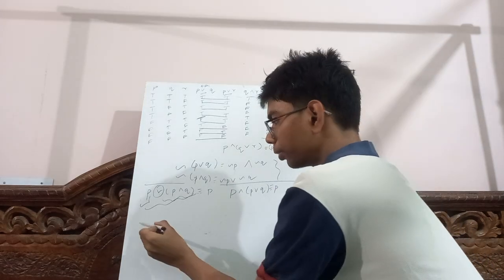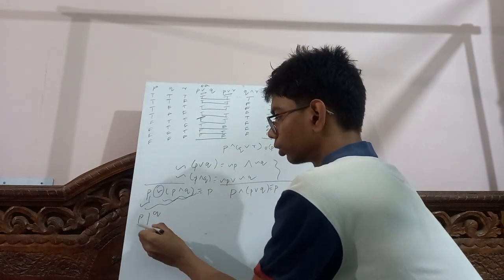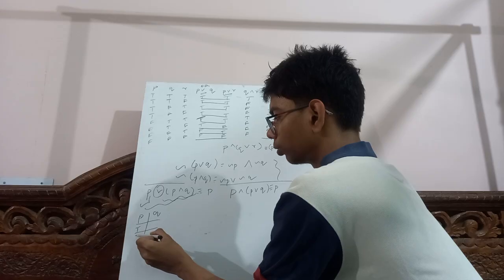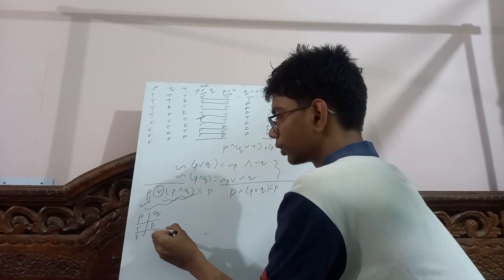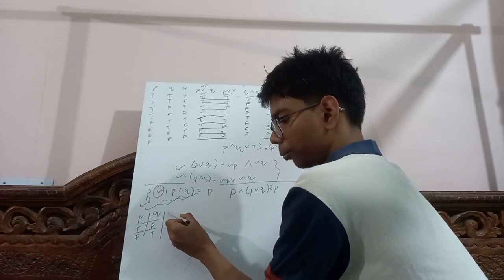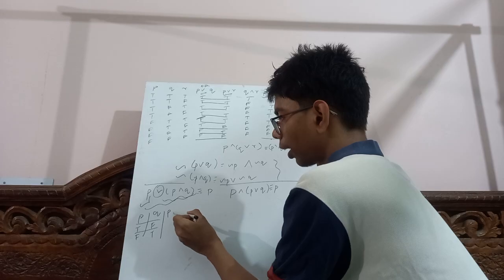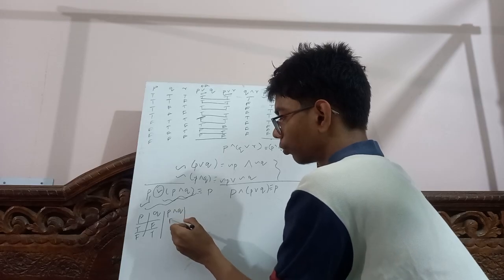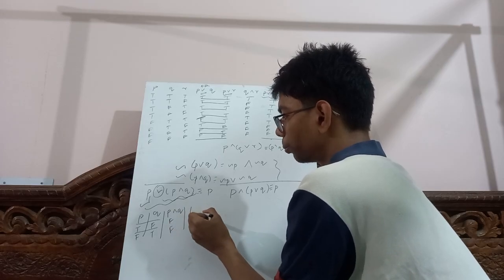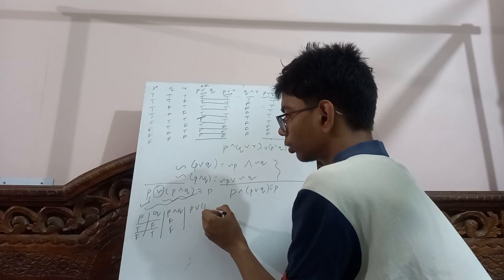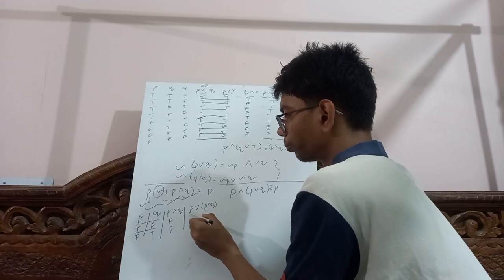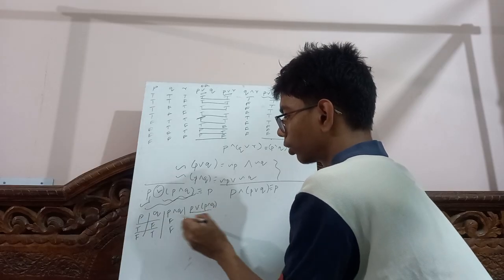Let's make the truth table. P, Q, right? True, true, false, false, true, right? P and Q, false, false, and P or P and Q, right? So any one should be true.